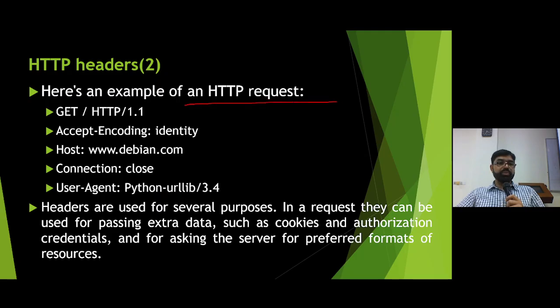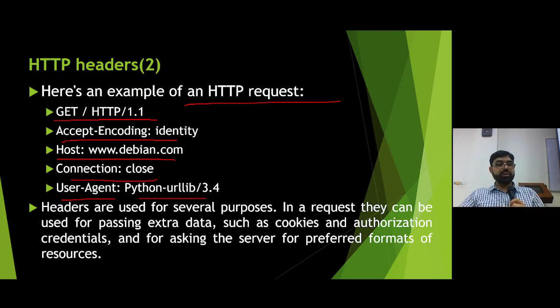So here is an example of an HTTP request. So now we send a GET, HTTP 1.1, Accept-Encoding identity, and these are basically the headers of this message. Connection close, User-Agent, Python-urllib/3.4. Headers are used for several purposes.